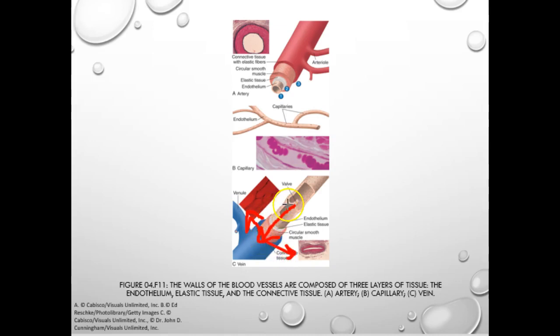In veins, there's a couple of things that help return blood to the heart, but this is a big one, the valves in the veins. So arteries to arterioles to capillaries, capillaries lead to venules to larger veins.